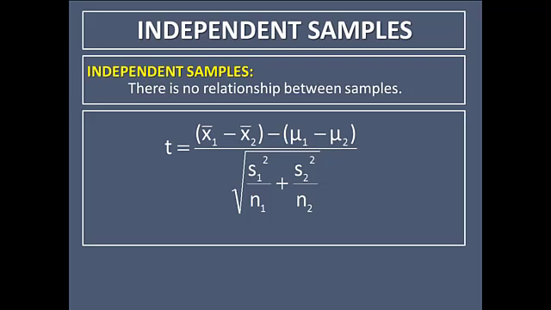What we're trying to decide is, is there a difference between sample A and sample B? Well, if there is no difference in our null hypothesis, then we would have that mu1 minus mu2 should be equal to 0. And then our alternate hypothesis will also depend on the language of the question. If it just wants to know if there's a difference, then we use not equal to, a two-sample test.